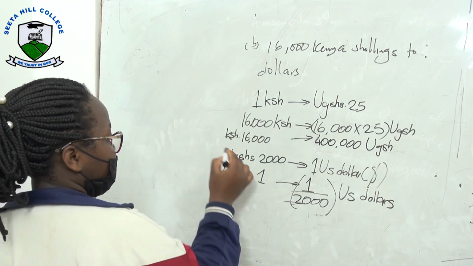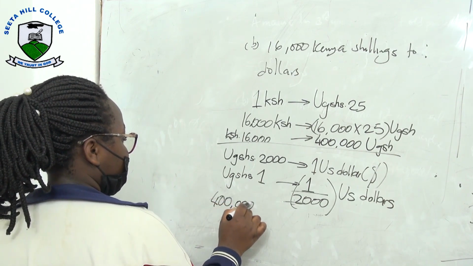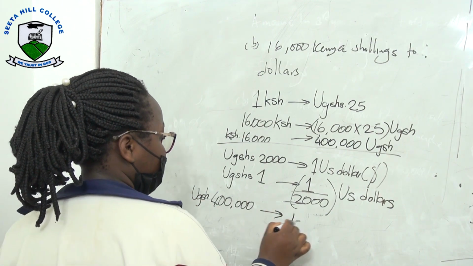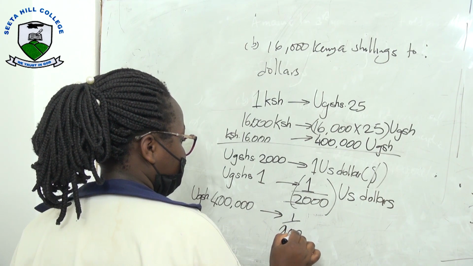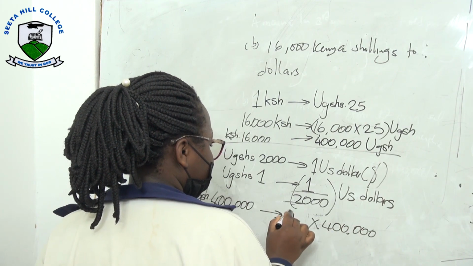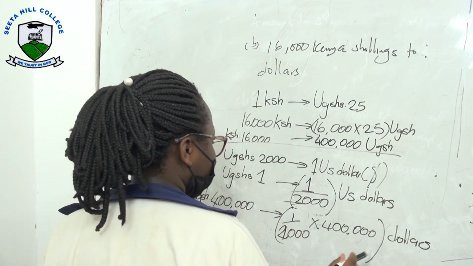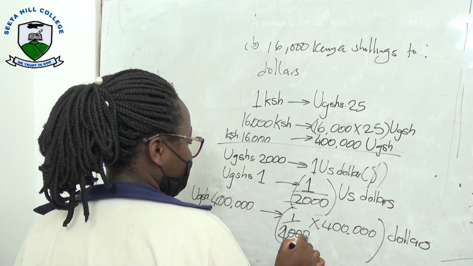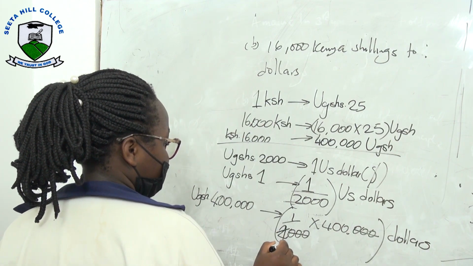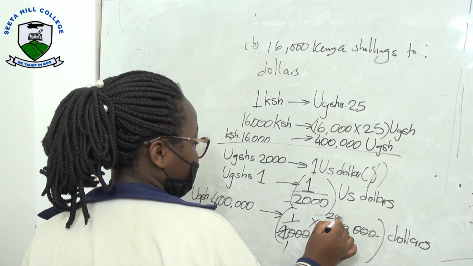So here we are given 400,000 Uganda shillings. It will cost 1 out of 2,000 times the 400,000. This will all be dollars. The 3 zeros and these 3 zeros can be cancelled. This gives $200.